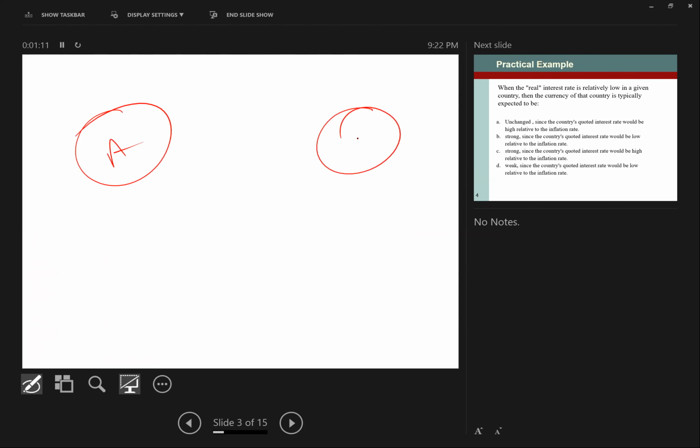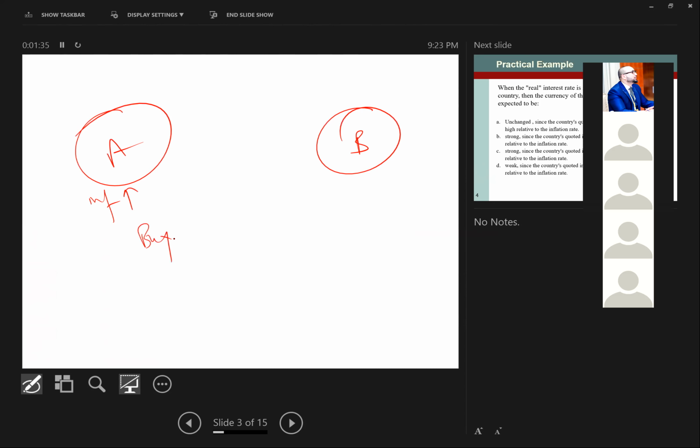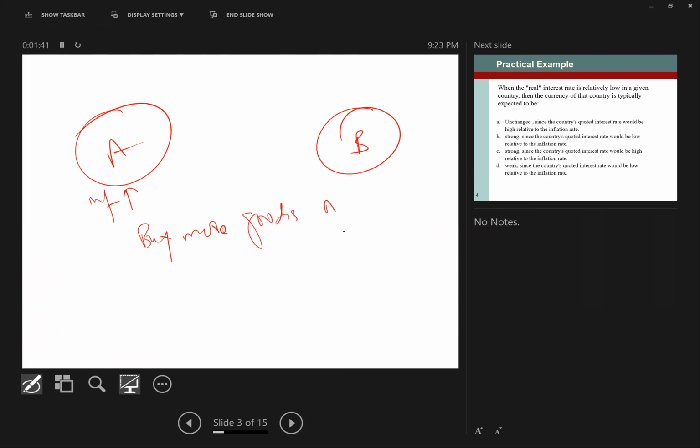Okay, for example, if you are in country A and there's country B, and the inflation is increasing in country A, people will buy more goods from country B. So what happened to the exchange rate?